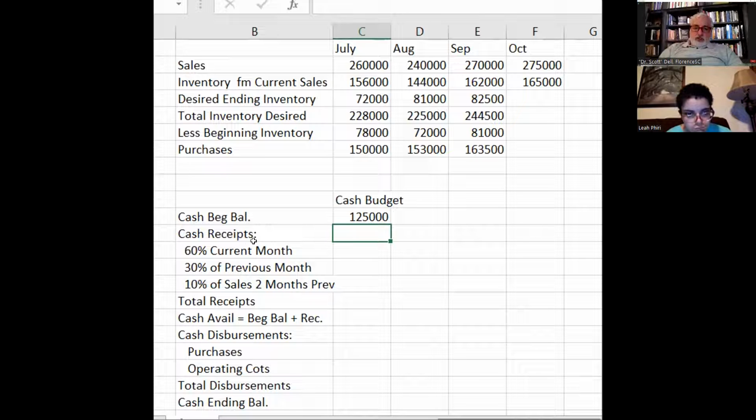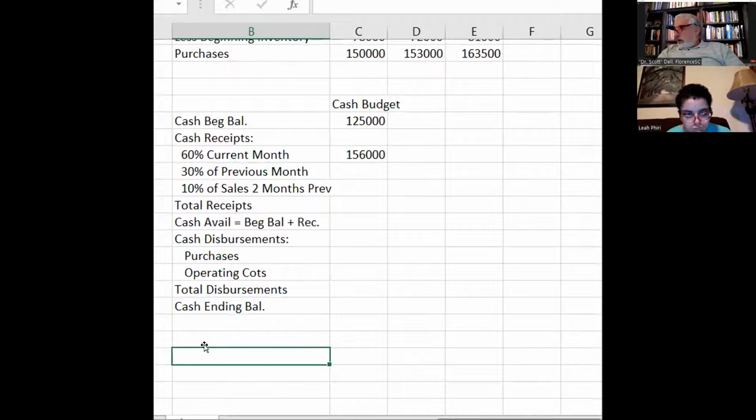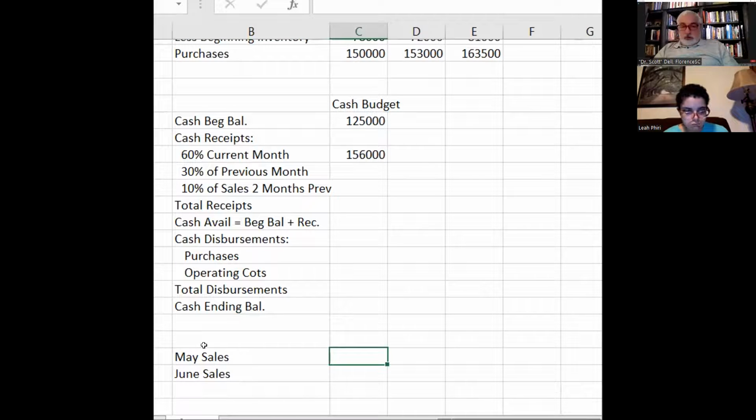So we said our cash receipts are 60% of the current month's sales, where July is there. Now, we're also fed two other numbers that I'm gonna pop down the bottom here, just so we have a reference point. We have May sales and June sales. May sales was given at how much? $250,000. Cool.